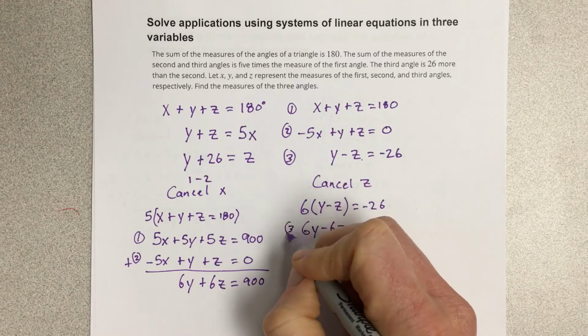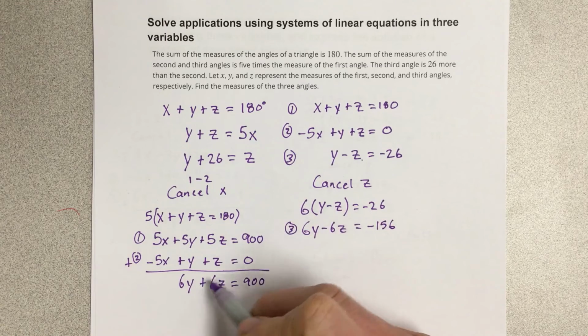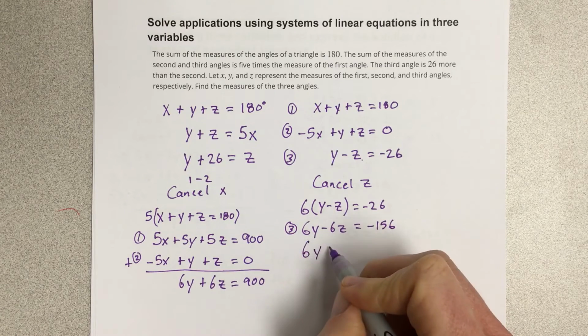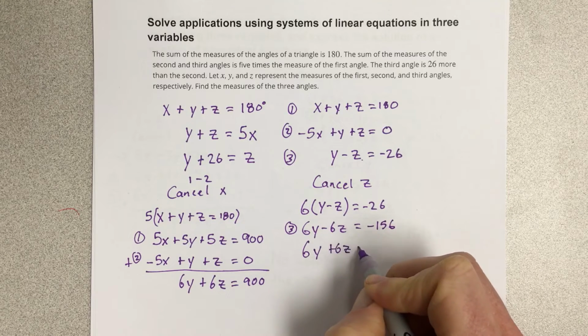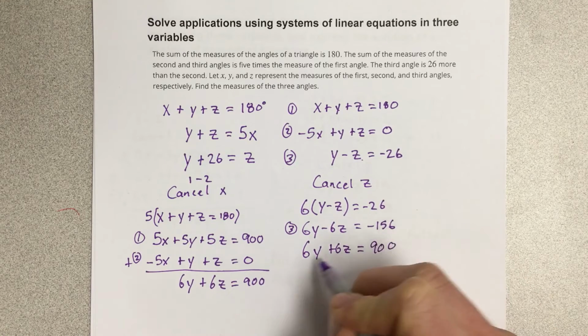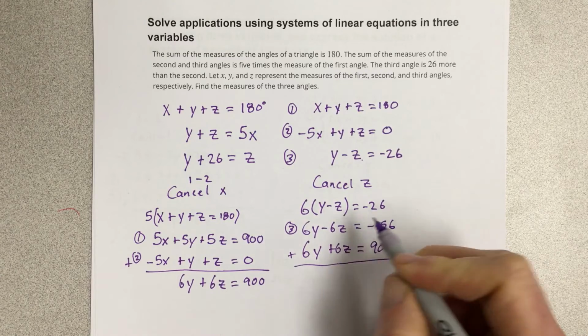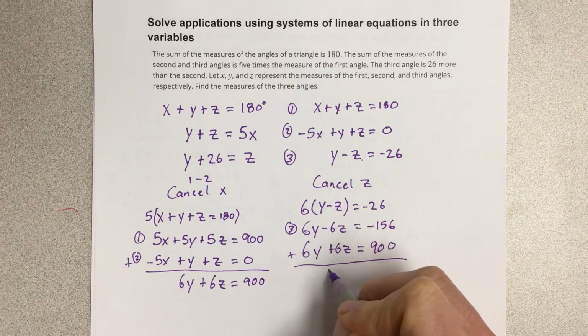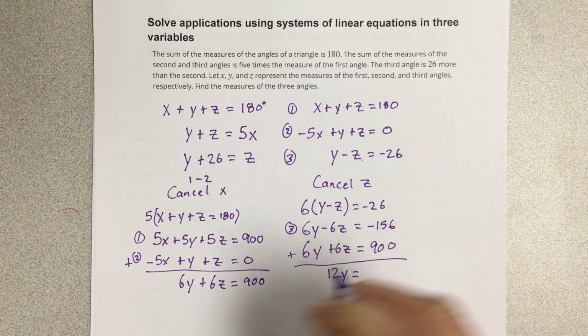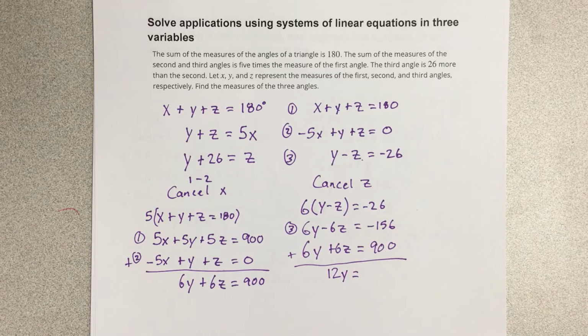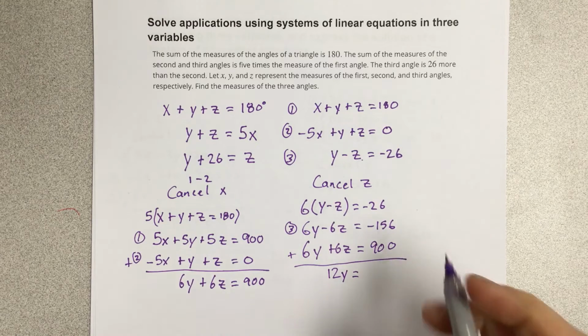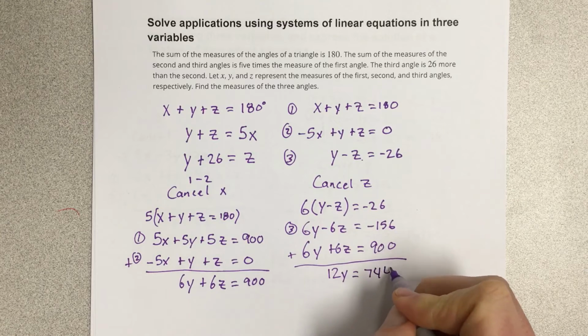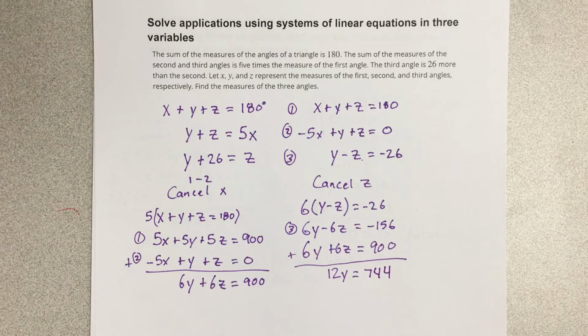Remember, this is equation 3. We're going to add it with this equation down here, 6y plus 6z equals 900. When you add it, that's 0 for the z's. That's 12 y's equal 900 minus 156, which is 744. Let's divide it by 12, and we get y equals 62.